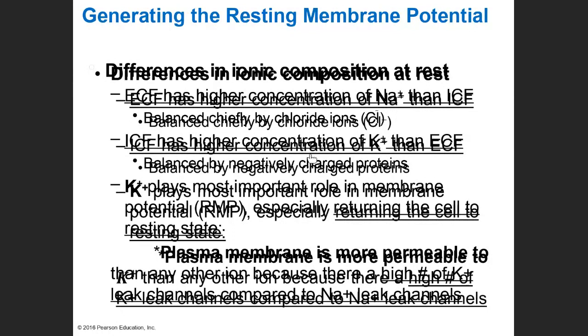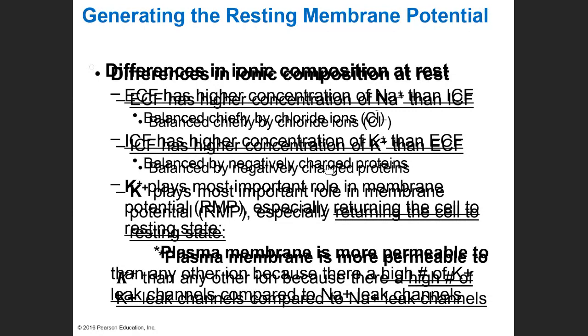Now, as far as helping to keep this potassium higher on the inside, that means we're going to have some negative charges on the inside that are helping to keep that potassium inside at rest. And really, this is because of all the negatively charged substances that you find inside of cells. We have a lot of large proteins that don't leave the cell. They stay inside the cell, and they're negatively charged.